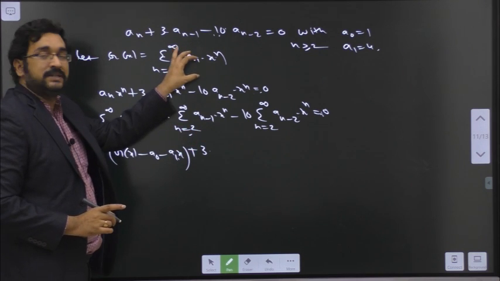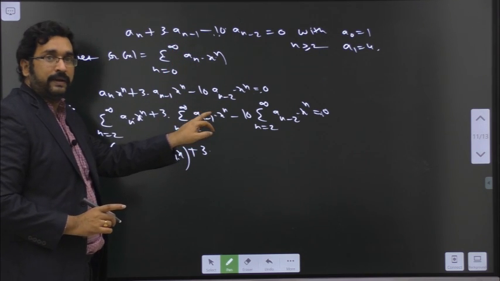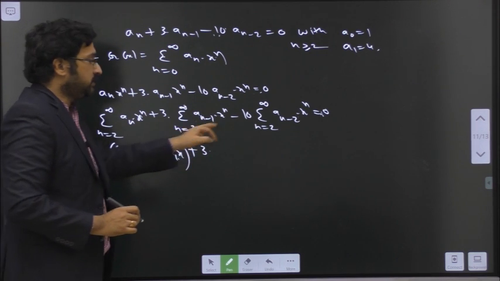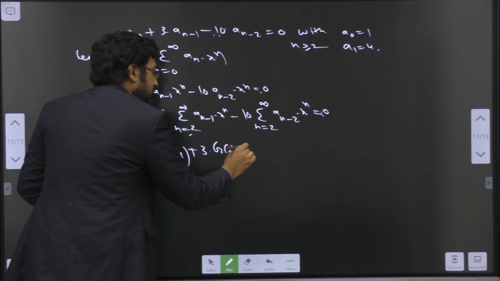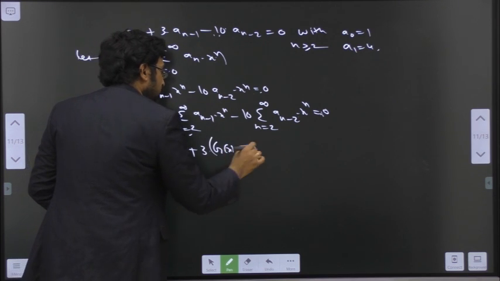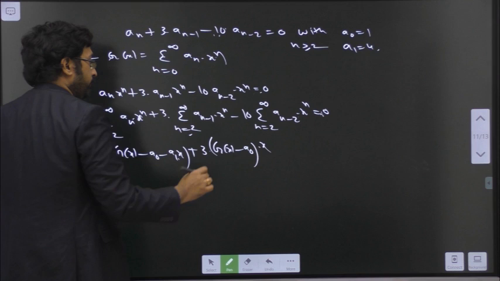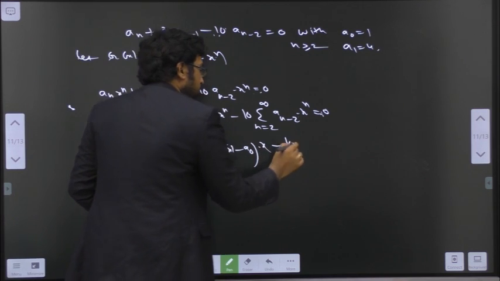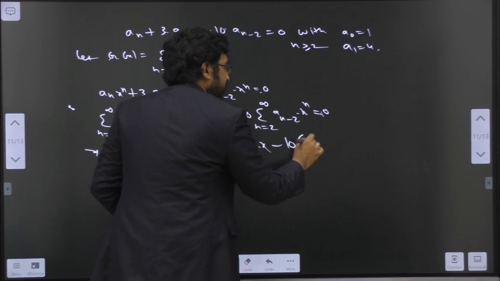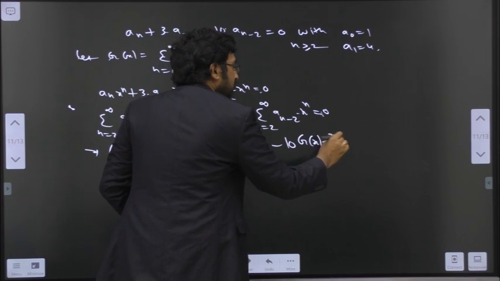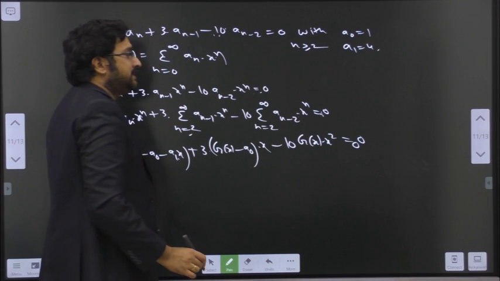That means from g of x we should remove first term multiplied by x power 1. So it can be written as 3 into g of x minus a naught into x minus 10 into, here powers are equal. So given term should be written g of x as it is multiplied by x square equal to 0.